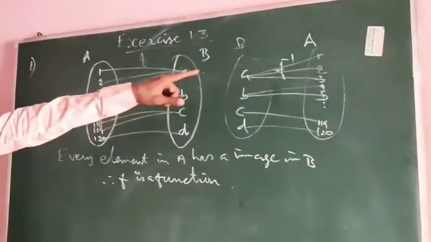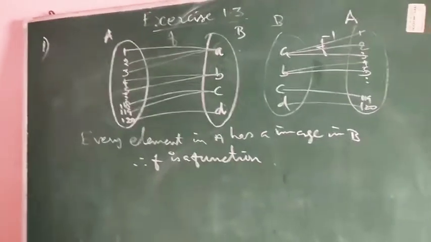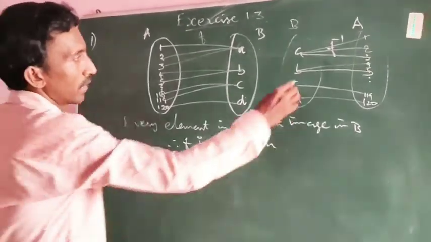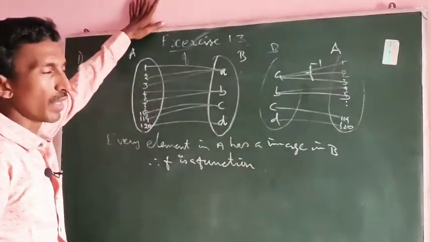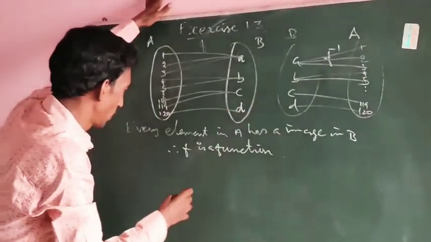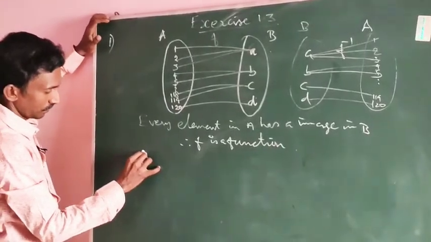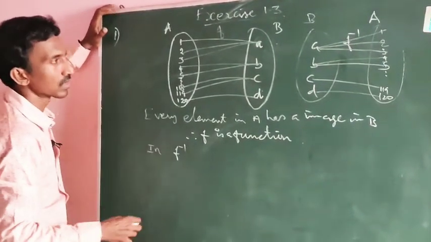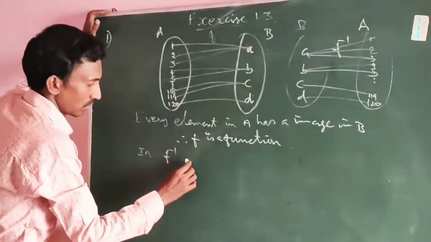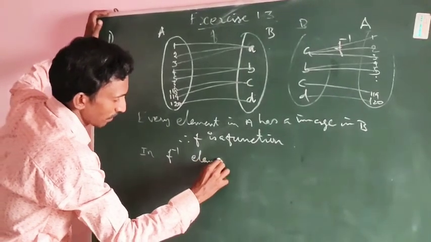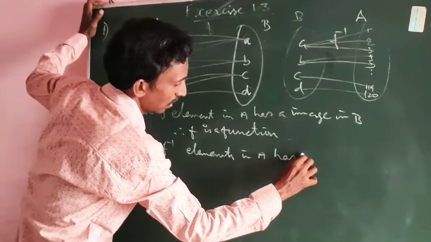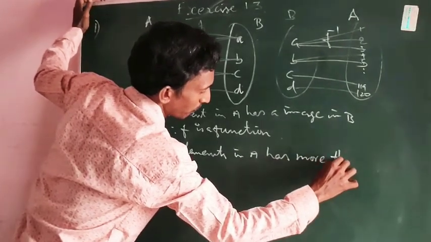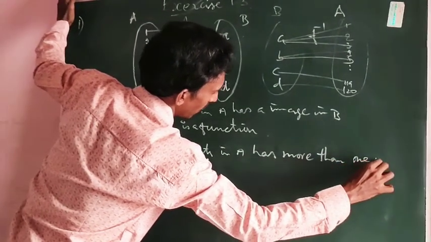So look at the inverse relation. In F inverse, elements in A have more than one image.